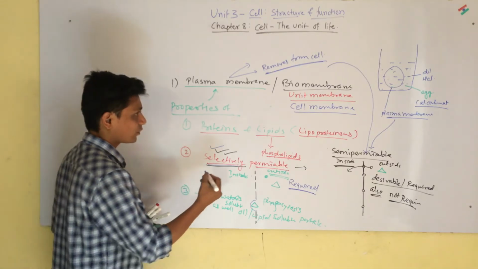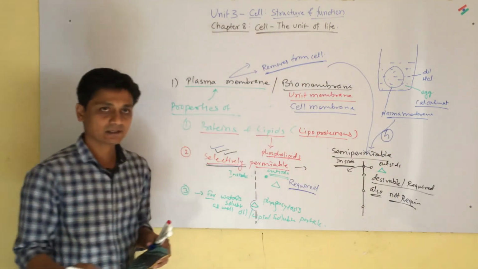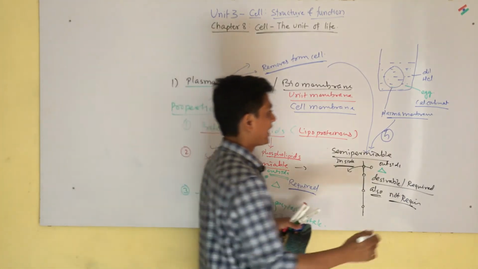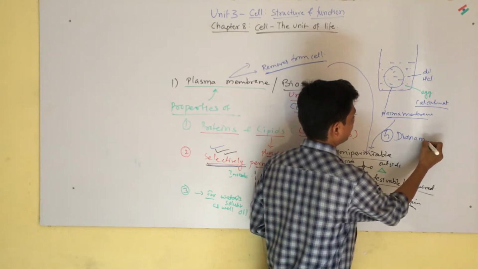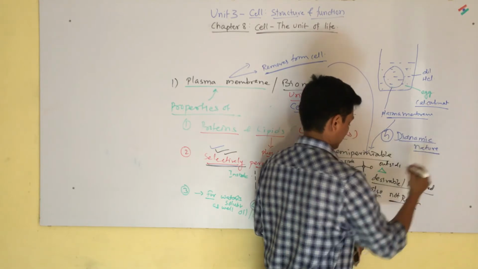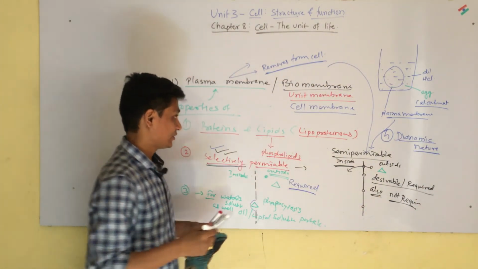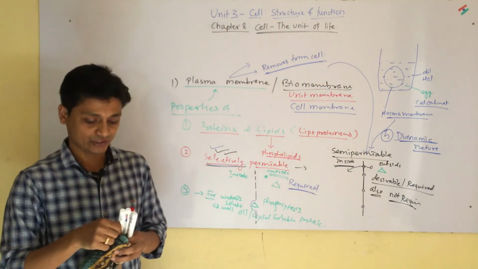And the last property of this plasma membrane is that it shows dynamic nature. There are two natures of membrane.